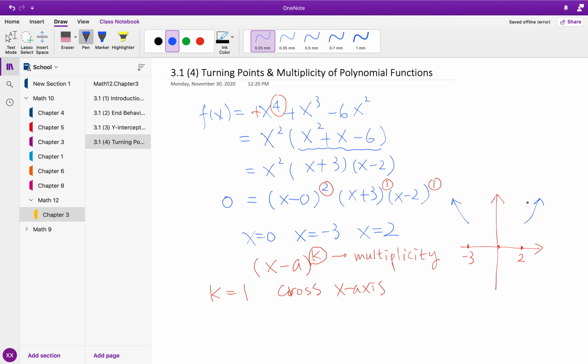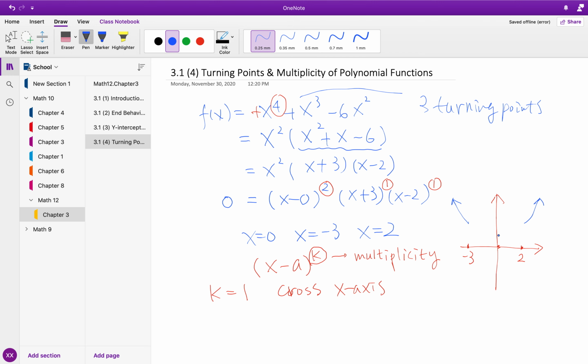So now we're getting from the turning points to multiplicity, and what's happening in between. Maximally, this would have 3 turning points. And on top of that, how do they turn?